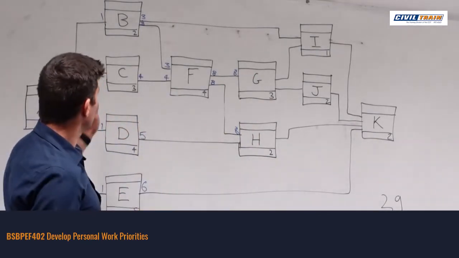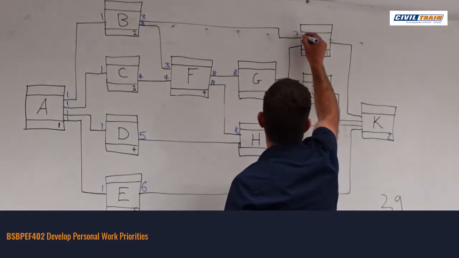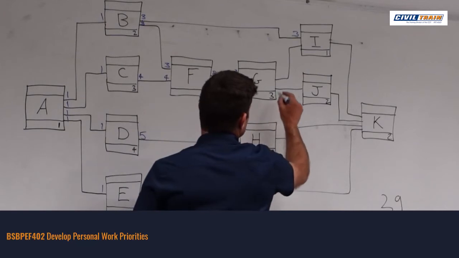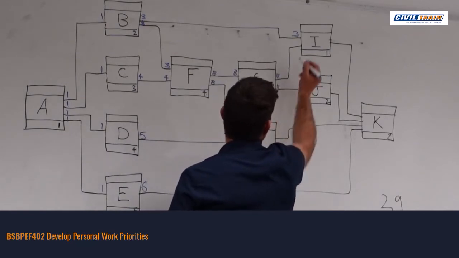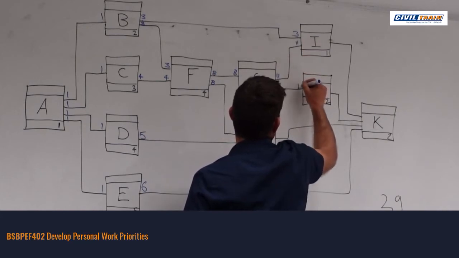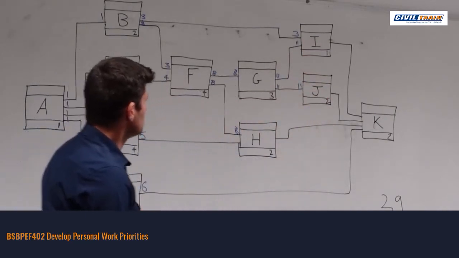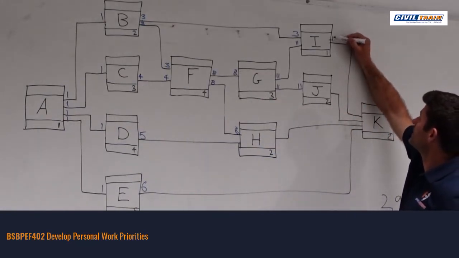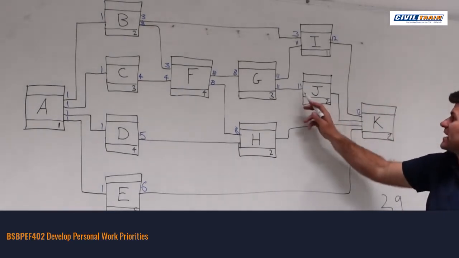And I just keep working my way down. So I've got a 3 coming in. I've got 8. Okay, I've got 11 and 3, so I've got 12 coming out. I've got 11 coming in.